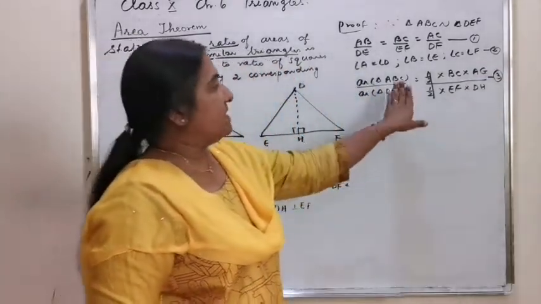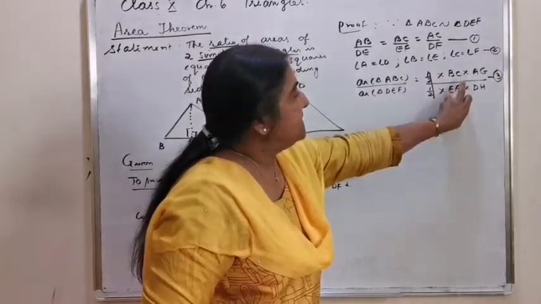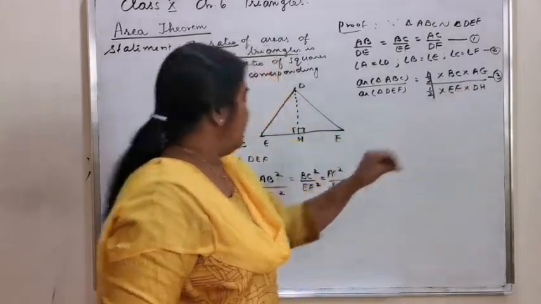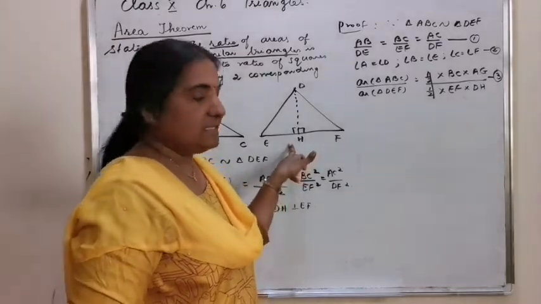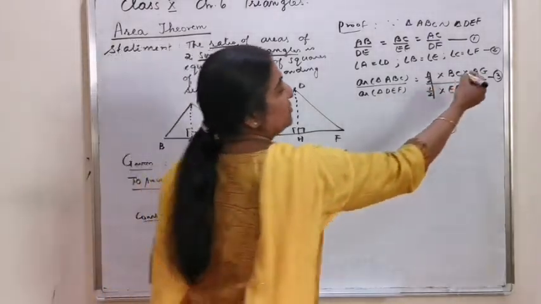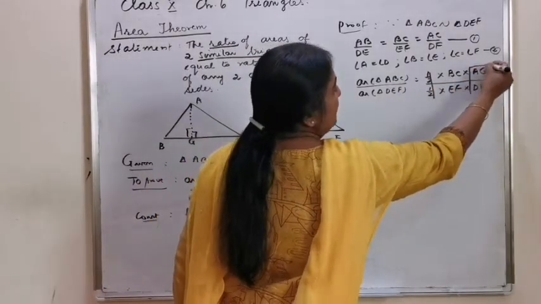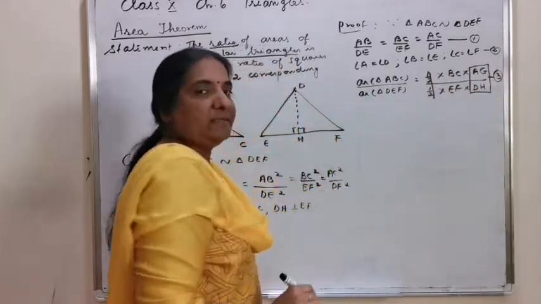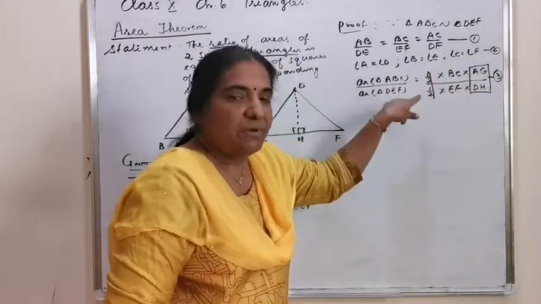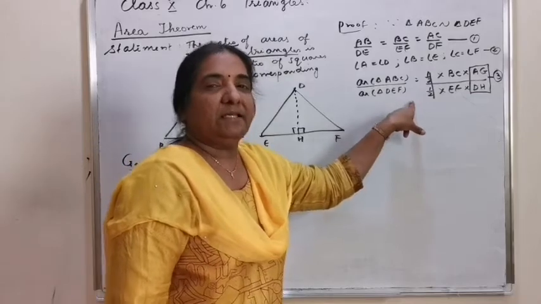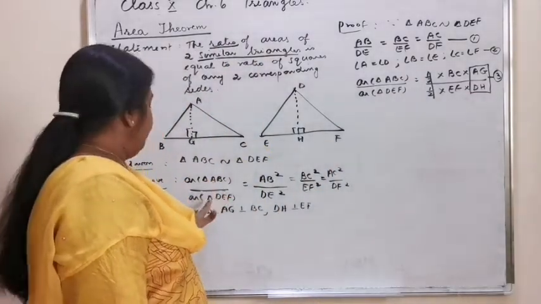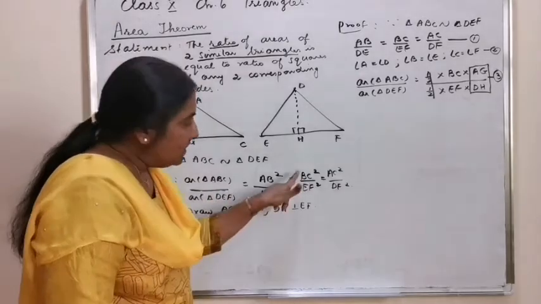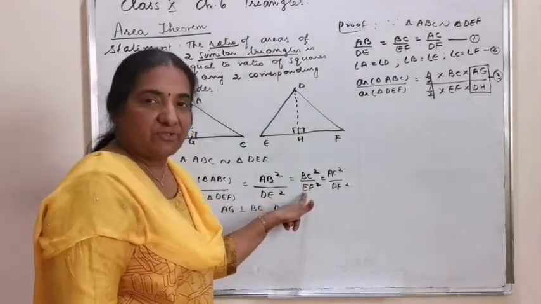If you observe equation number 3, BC by EF is already one of the pair of corresponding sides, and if we are able to replace AG by DH with BC by EF in equation number 3, the theorem will be proved as area of triangle ABC by area of triangle DEF is equal to BC square by EF square.